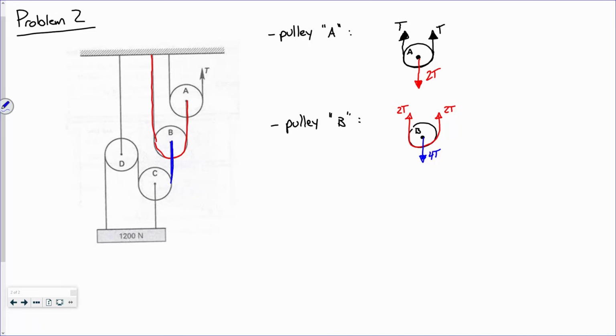So what we're looking at here is this rope. That's all the same rope, right? Isn't it? It's all one solid piece. Everybody okay with that? So, now let's look at free body for pulley C.